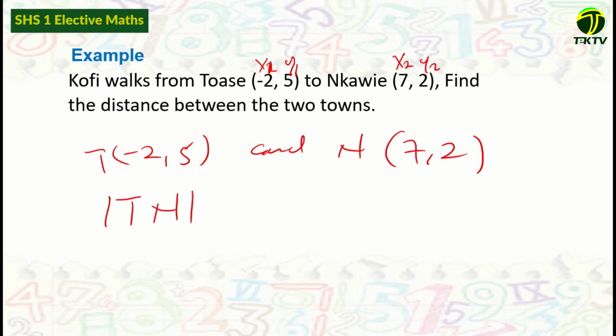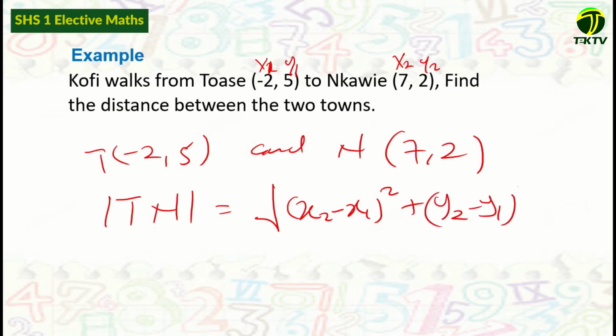That is TN. What says our formula for finding the distance between two points? It is always equal to the square root of (x2 minus x1) squared plus (y2 minus y1) squared. That's the formula.